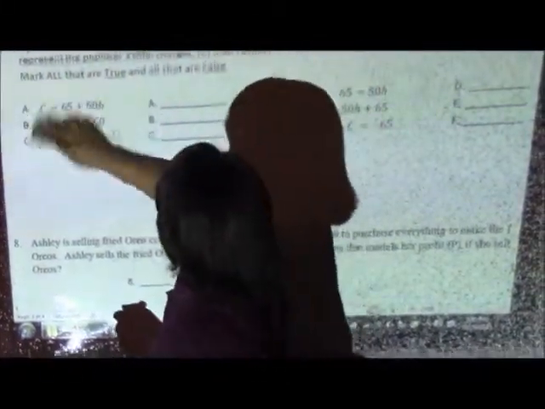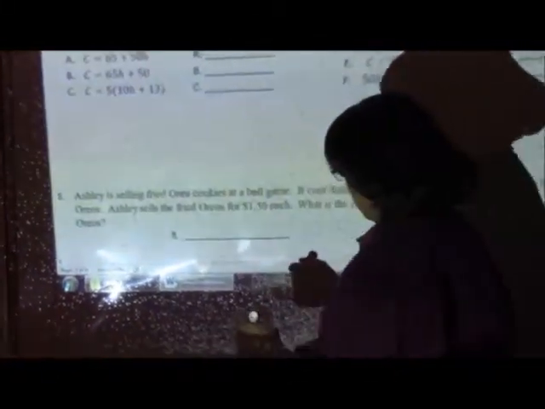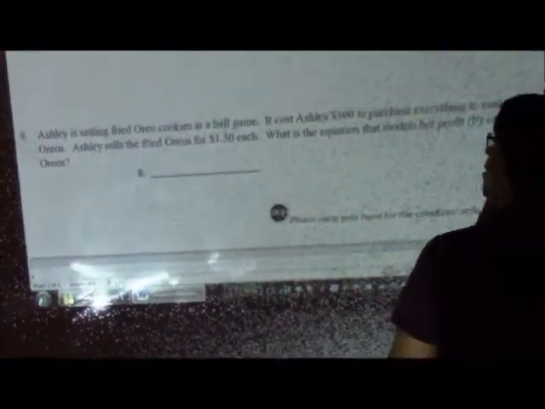So all of those are used to represent that rule. And let's go to number 8. Let's see, Ashley is selling fried Oreo cookies at a ball game.